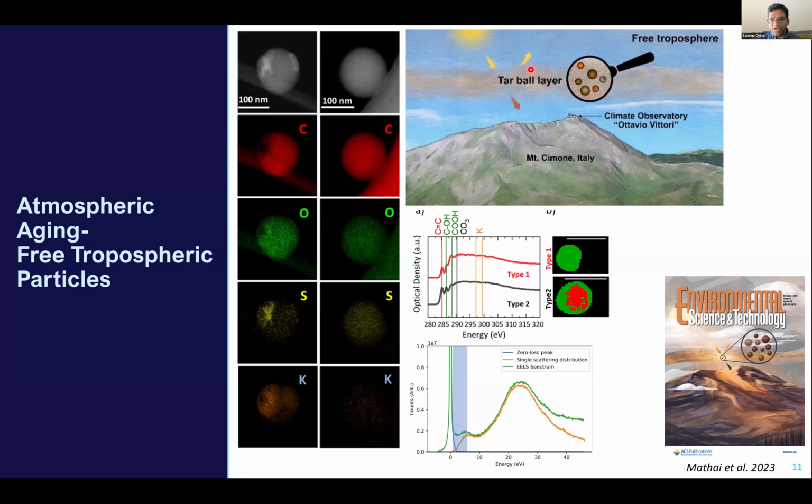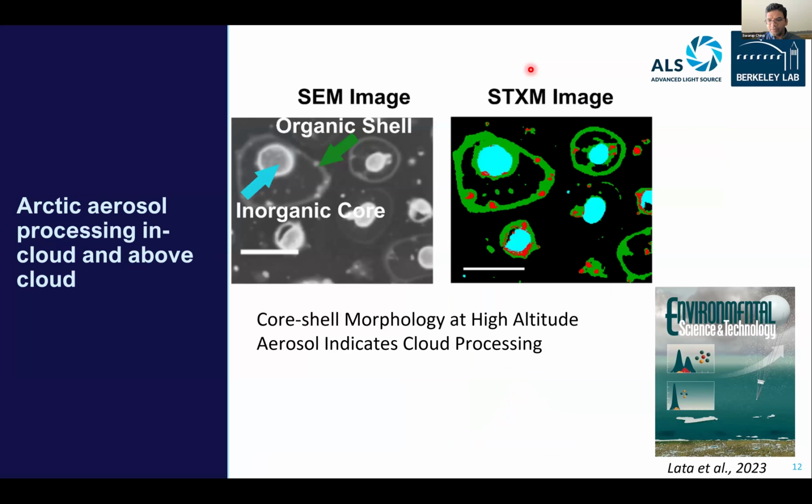Switching to another topic, this is again led by Noor Nahar at PNNL, and she was looking into Arctic particles that go into the upper atmosphere, the stratification of the Arctic atmosphere, not only at the ground but aloft. She was looking at these particles in both the SEM and STXM, and these are the same particles.